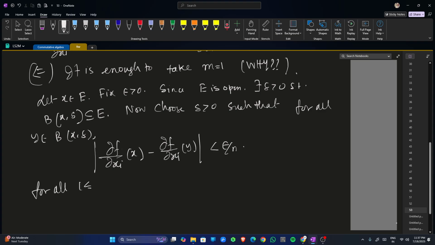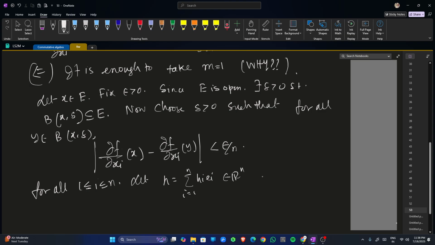For all i from 1 to n, let h equal to the summation of h_i e_i, i runs from 1 to n.